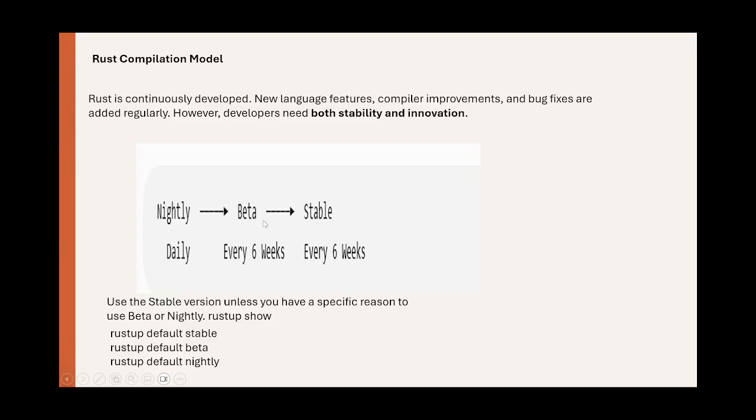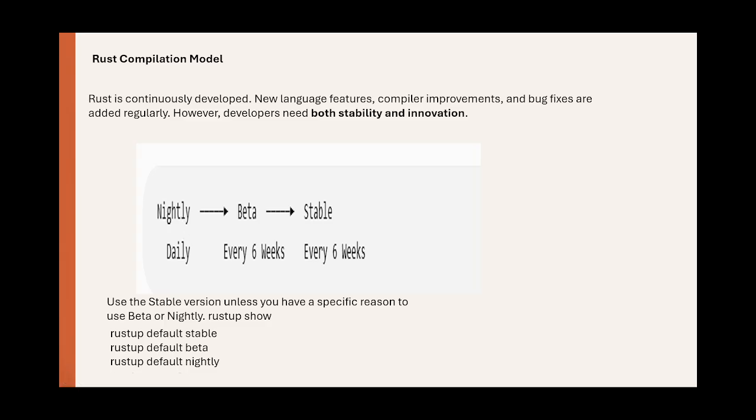The nightly channel is built every day from the latest compiler source code. It contains the latest and newest language features. It's used for experimentation, but it's prone to many bugs because features are added but not thoroughly tested. Some features are available only on nightly builds.